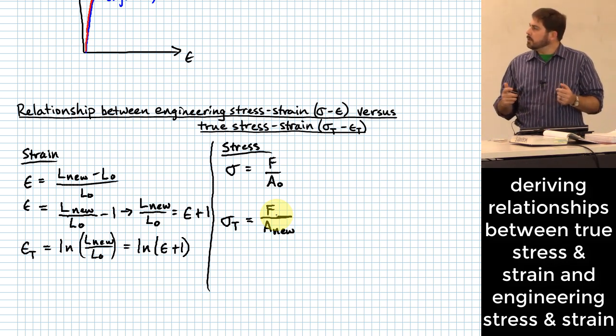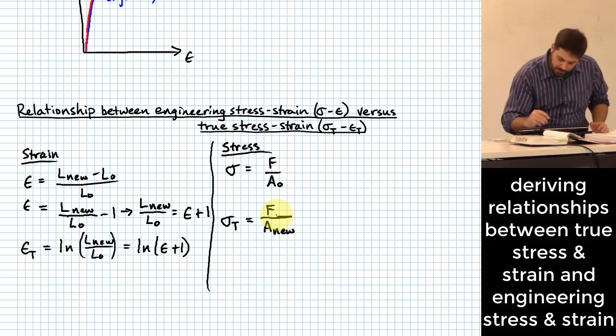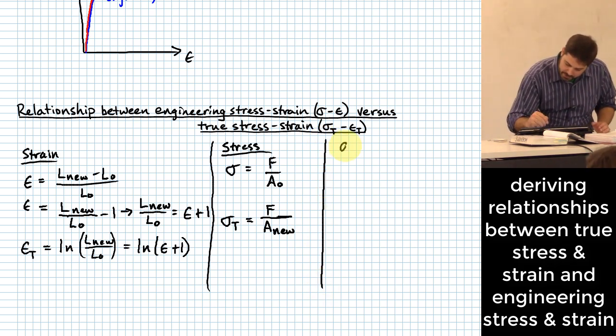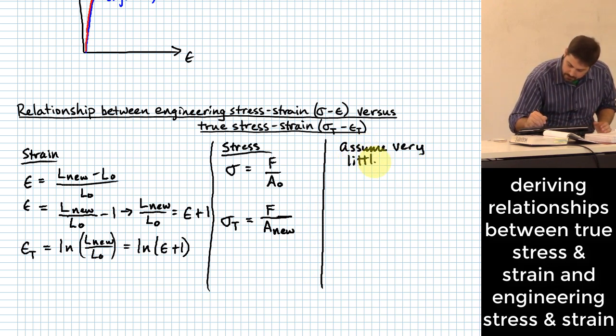Well, that's kind of interesting. Let me add one other thing in there that I mentioned a second ago, but I'll put it in here formally. We assume very little change in volume.